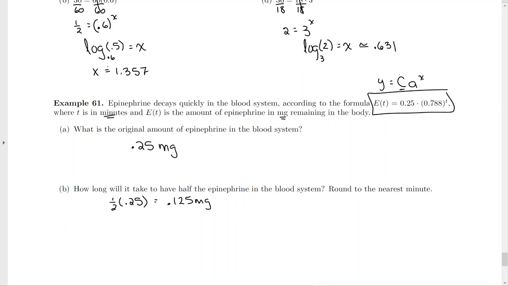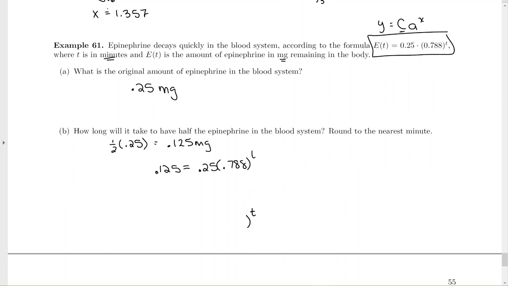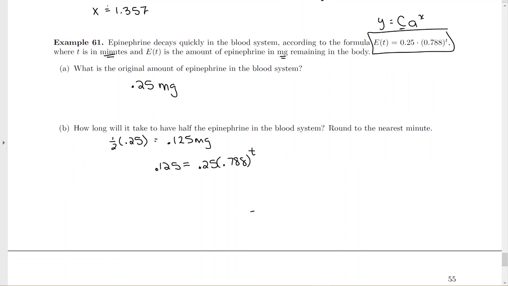But we want to know how much time it is going to take. So the 0.125 gets plugged into the left side of the equation, and you're solving for t. Okay, so we're not doing a guessing test here. We're actually solving. Divide by 0.25 to both sides. All right, and if you actually do that division, it will come up as 0.5. To get rid of the exponent, you take a logarithm.